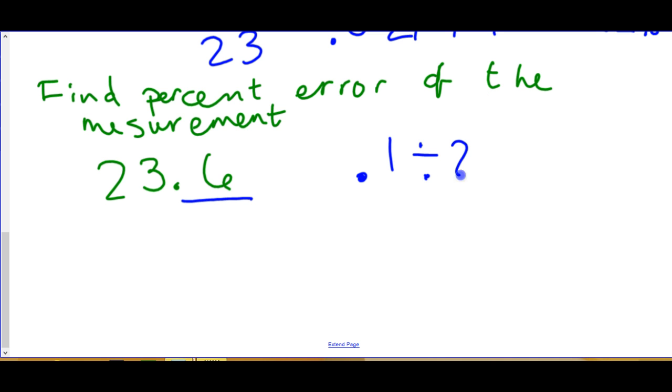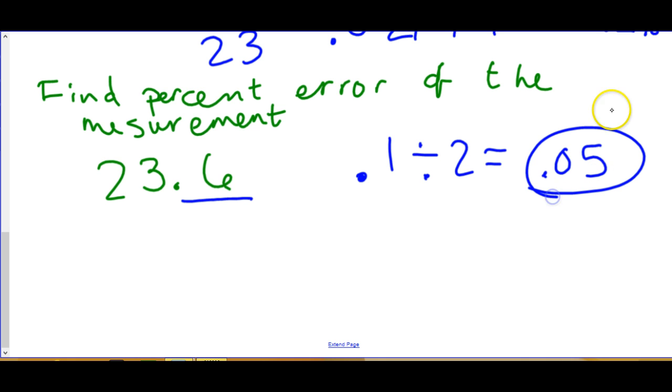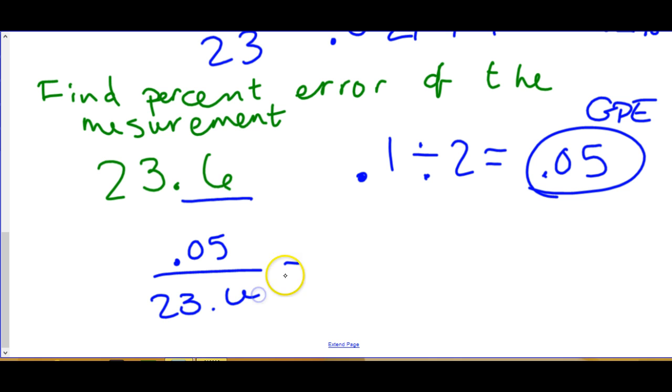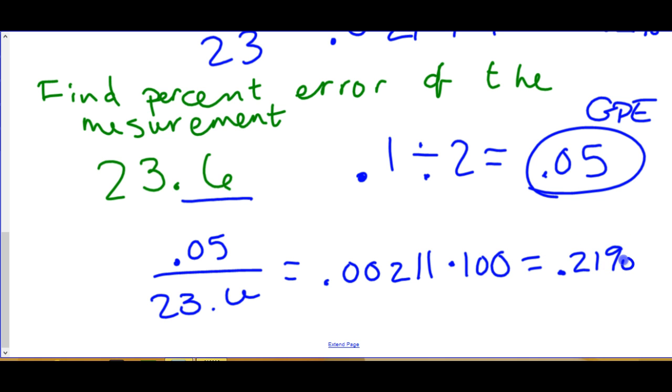Again, we divide that by 2, so 0.05, and we still divide that greatest possible error by the measurement itself, so 0.05 divided by 23.6 is 0.00211. Times 100 again is 0.21%, or most likely they would just put 0.2%.